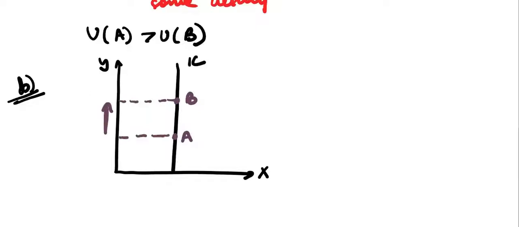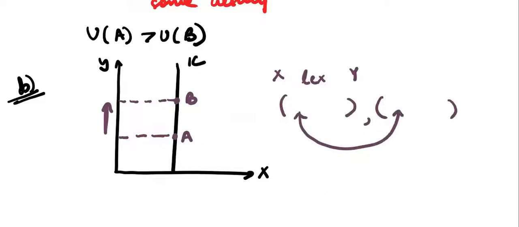Now let's think. We said that when X is lexicographically preferred over Y, you will compare 2 bundles over X first. But if these 2 bundles have the same amount of X, then whichever bundle has more Y will be preferred.